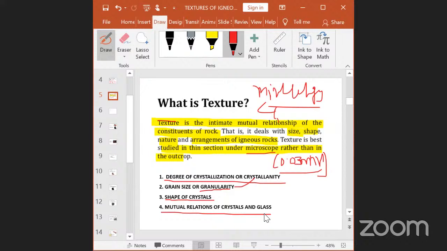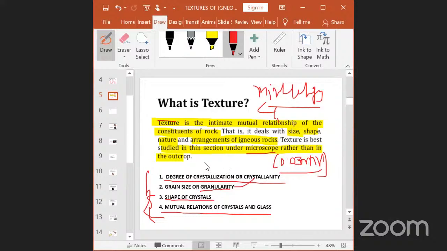So you remember this. The texture of an igneous rock is described with reference to these four factors. Mind it, right? These four factors. The last two factors are sometimes grouped together as fabric, right?